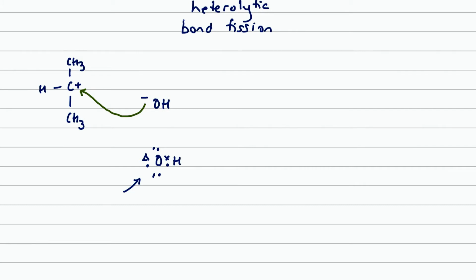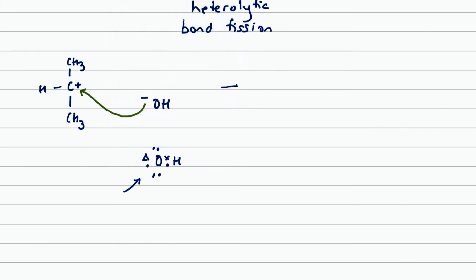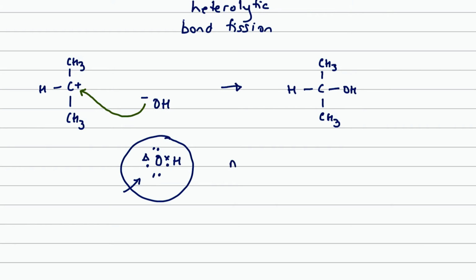And we can use this pair of electrons to form a bond between the oxygen and the carbon. And this would be our product. So we've gone from a haloalkane via a carbocation intermediate to an alcohol. This species here is called a nucleophile.